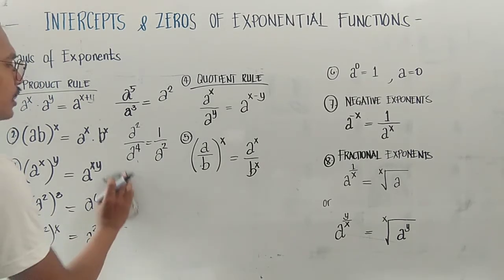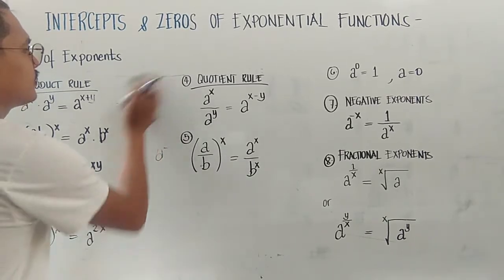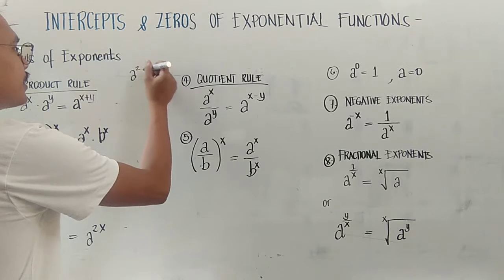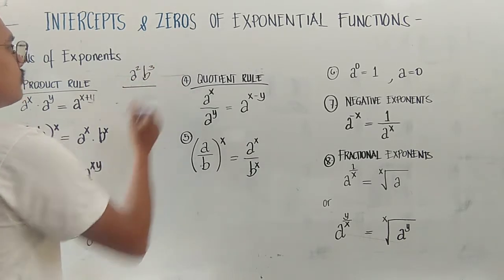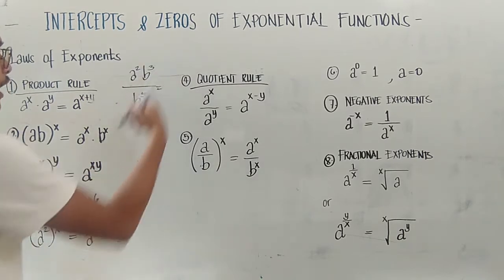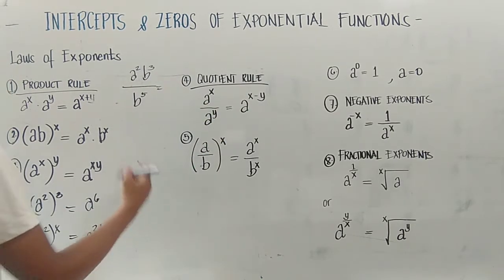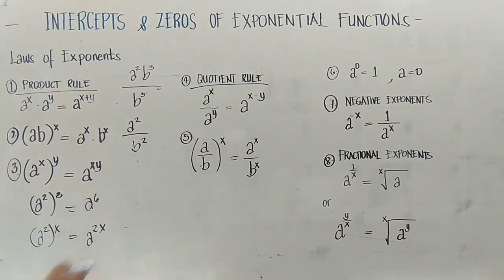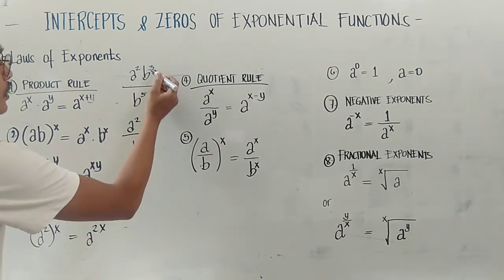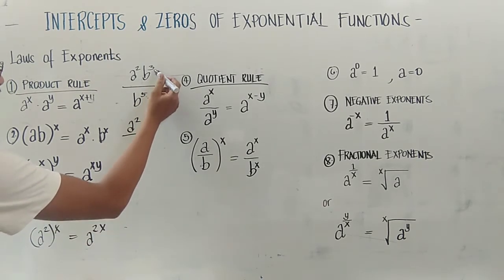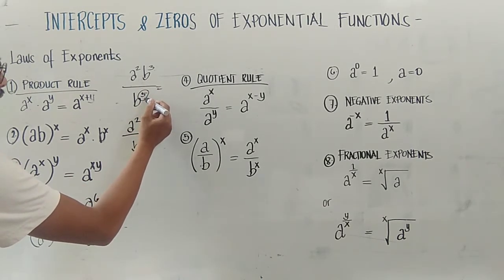Okay, another example, I will give you this one. We have a squared b cubed over b raised to 5. Using the quotient rule, it will be a squared over b squared. We have 5 minus 3, but 5 is below.